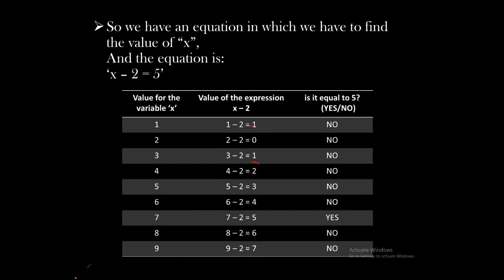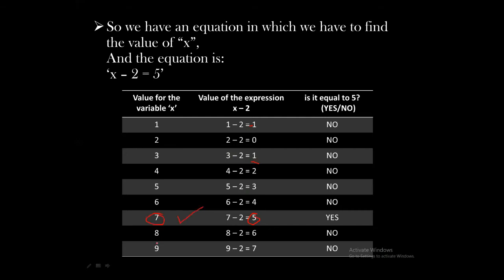4 minus 2 is equal to 2. No. 5 minus 2 is equal to 3, no. 6 minus 2 is equal to 4, no. 7 minus 2 is equal to 5. So yeah, we are going to get the answer here. We got our answer 5 here. So this is the correct value of x.